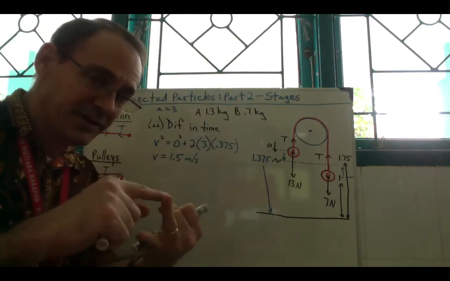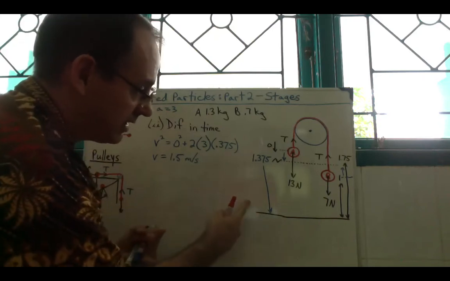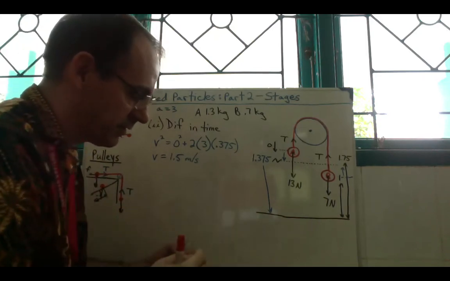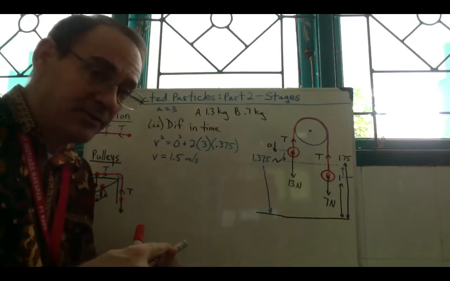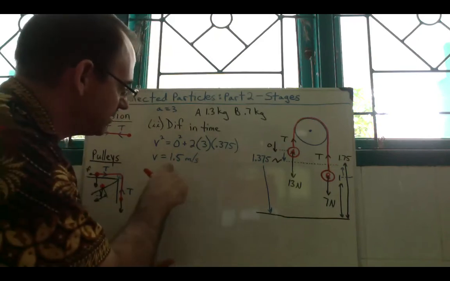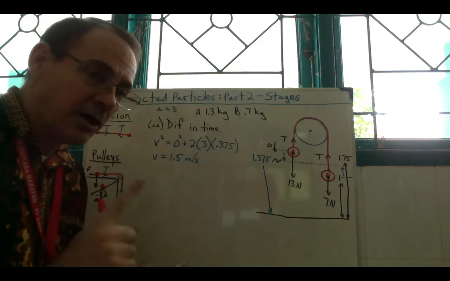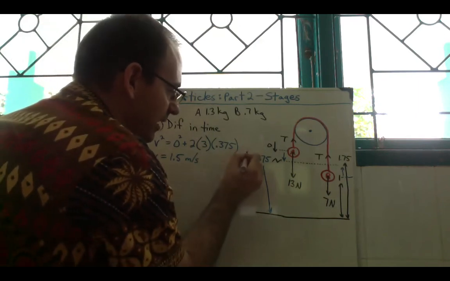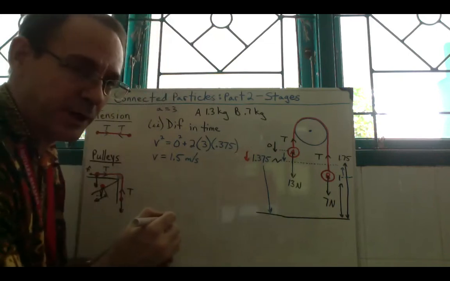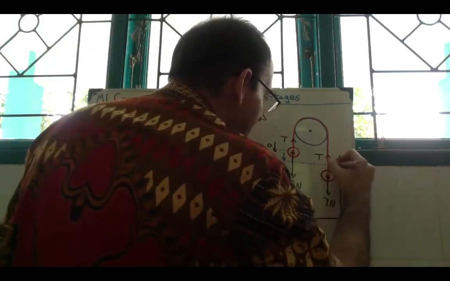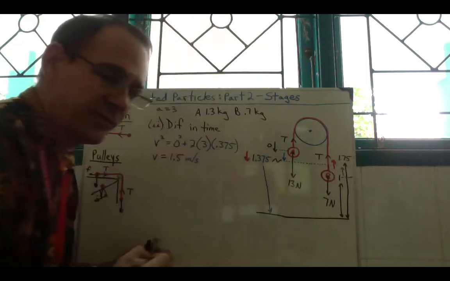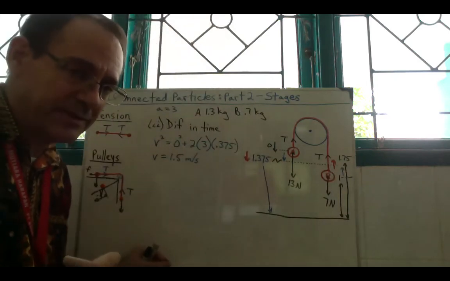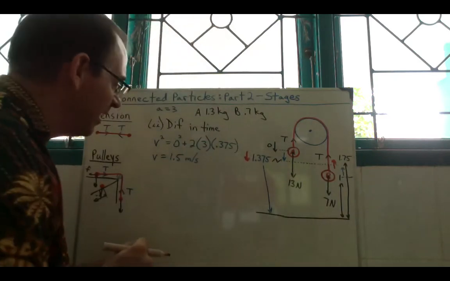We have distance, 1.375 for it to fall to the ground. And we have initial velocity, 1.5. Although I should point out that our initial velocity is going in the downward direction for particle A. It's going in the upward direction for particle B. So please pay attention to the direction.